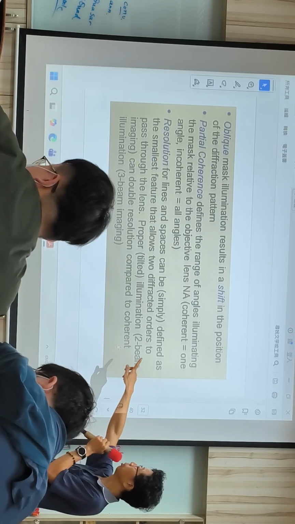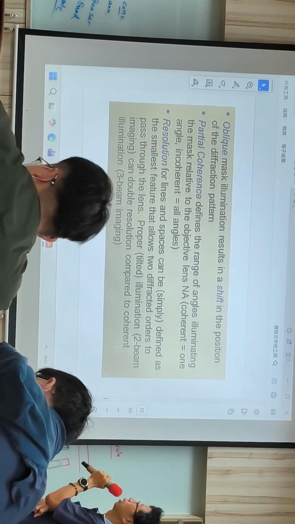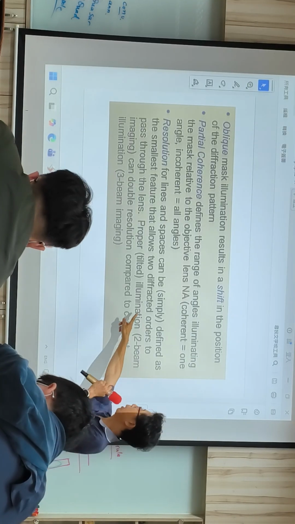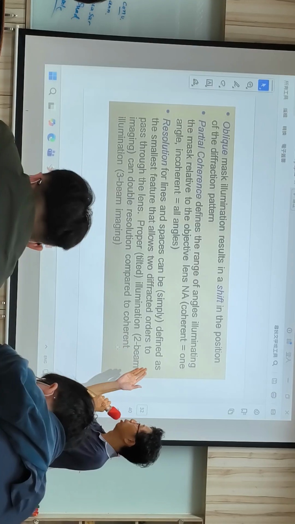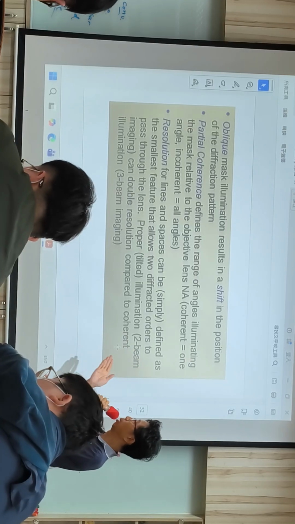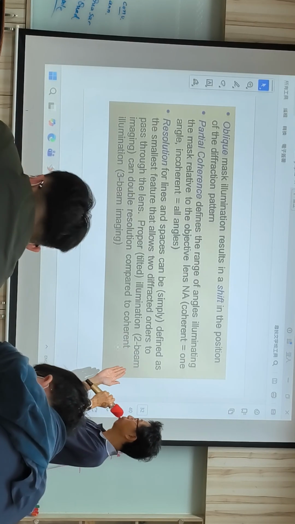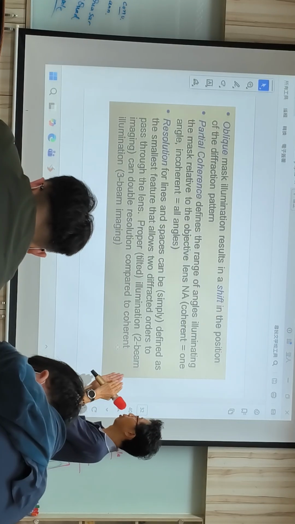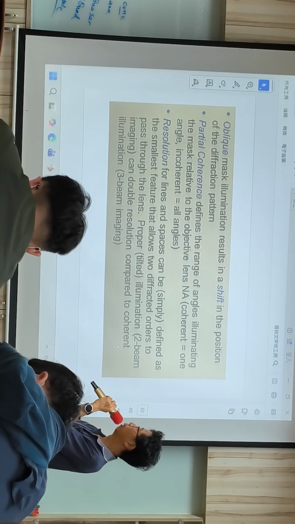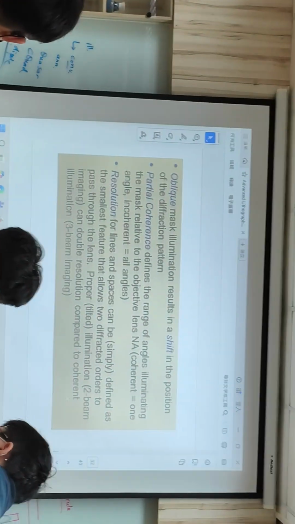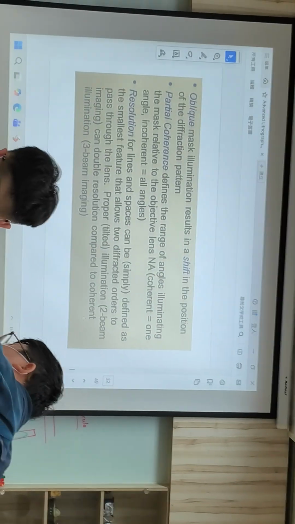And so for the resolution of line space, it is a small feature and has two diffraction orders. In this case, usually it's 0 and +1. So we need to have a proper tilt so that we can collect them and have a two-beam interference.